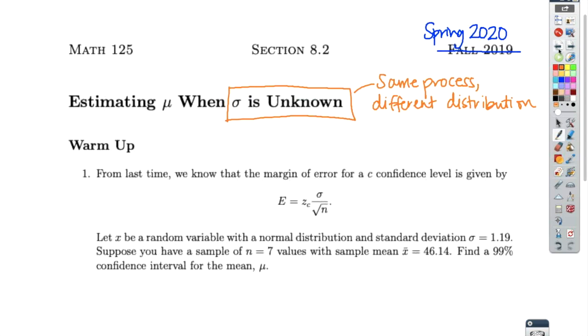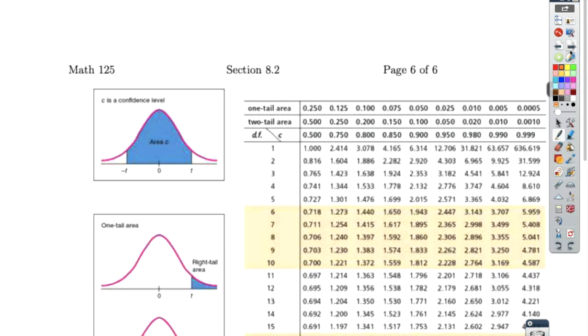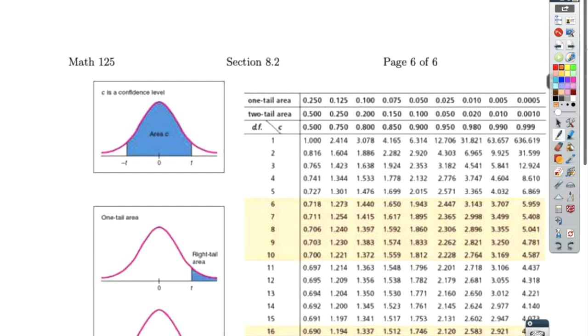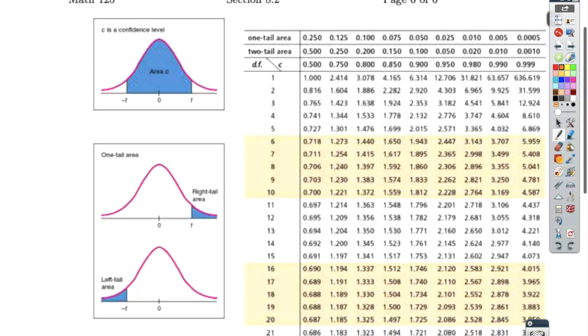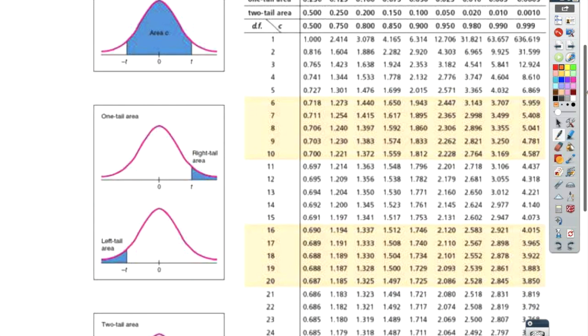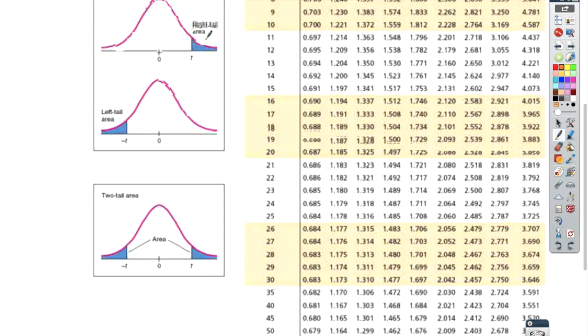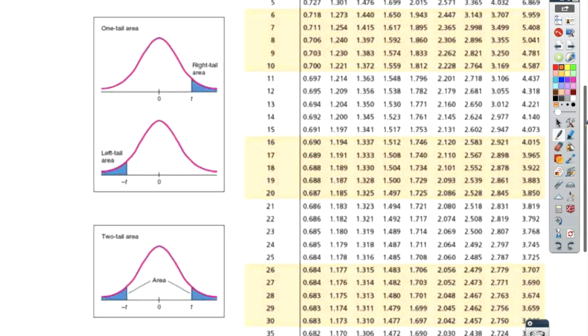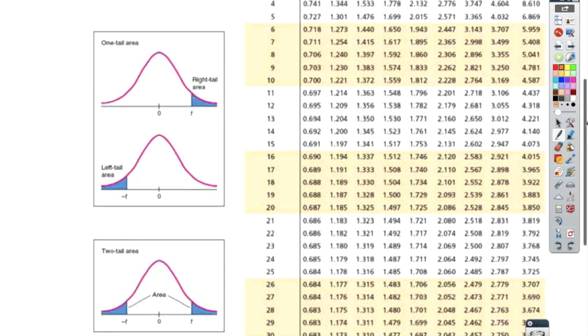So you'll notice if you flip to the back of this note packet, you have a table on page 6. This table is not our standard normal table that we've been using, so it's not the table for z's. It looks like the standard normal distribution, but it's actually a slightly different one, and we'll be able to use it to find right tail areas, left tail areas, and two tail areas.